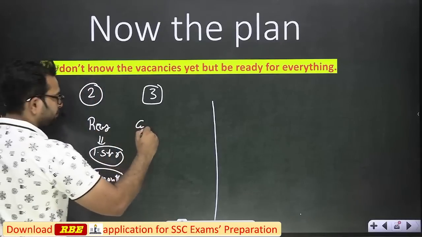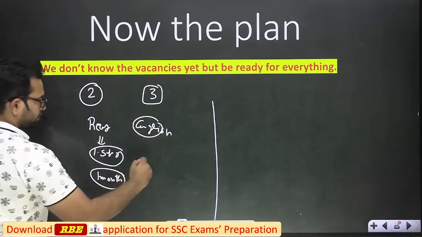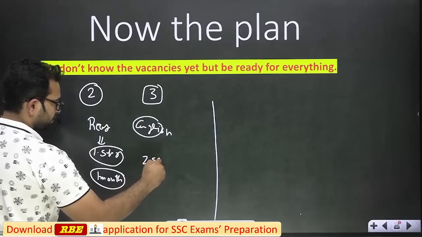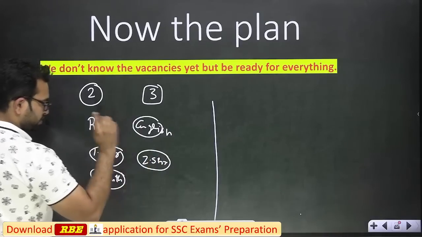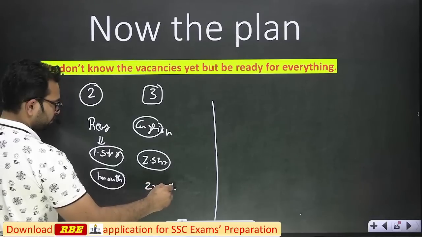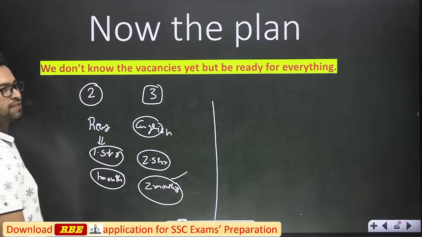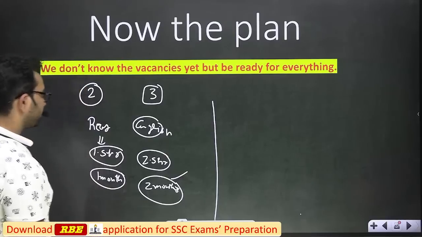If I take the example of English, if your English is good already, give 2.5 hours daily for English. Within 2 months your English will be good for the SSC CGL examination, right?